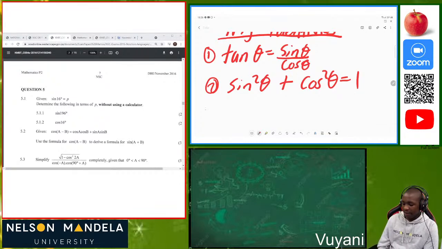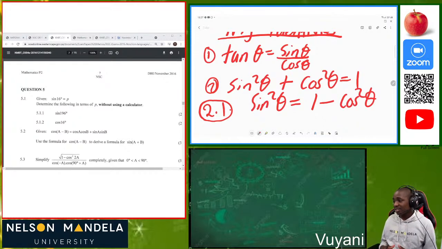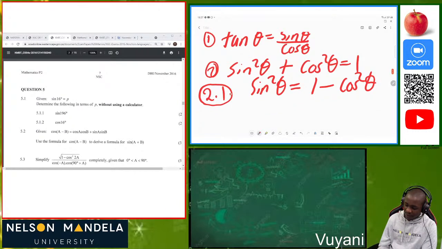So now I have 2.1. I created mine so that I don't have any problem. When you transpose cos squared to that side, you make sine squared of theta the subject of the formula, and we have 1 minus cos squared of theta. So in other words, in those proving questions, when you see 1 minus cos squared of theta, that is equivalent to sine squared of theta.